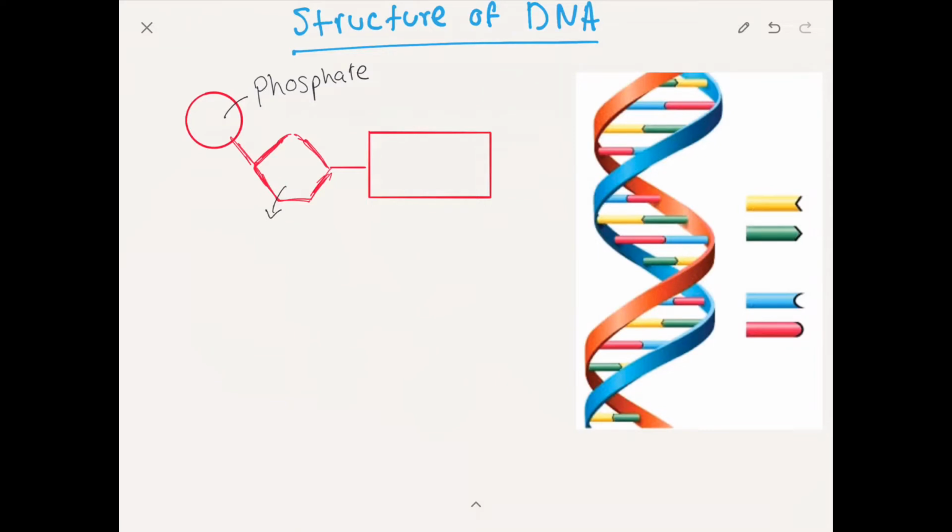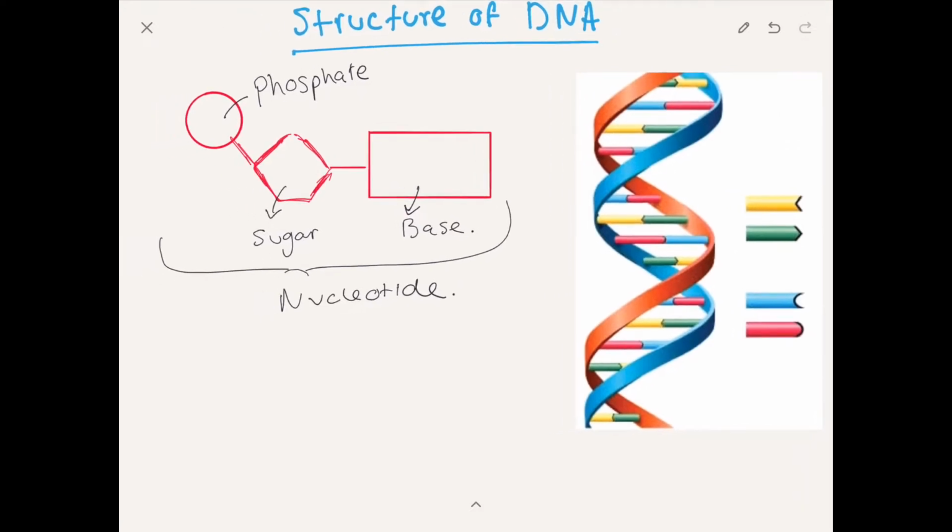Next we have our sugar molecule, and then finally on the end here we have our base. Each one of these, if we were to give it a name, we call a nucleotide, spelled just like that. So phosphate, sugar, and base all together we call a nucleotide, and if you get a bunch of these nucleotides and keep them all together, you get the DNA molecule.